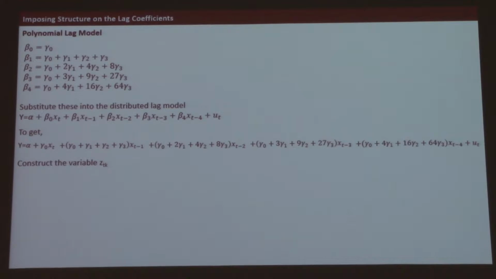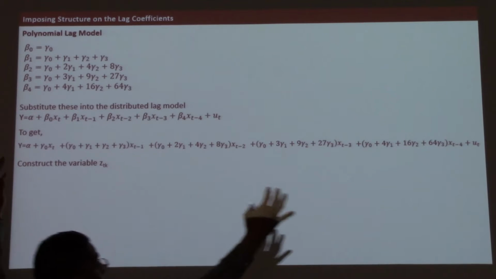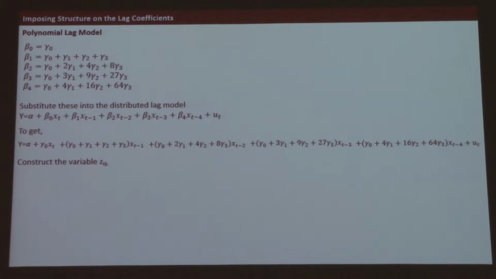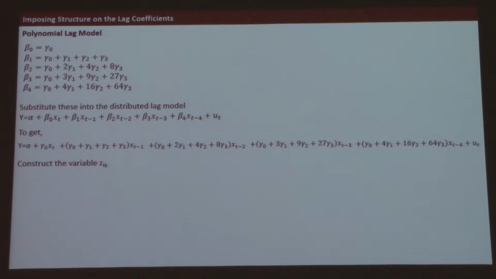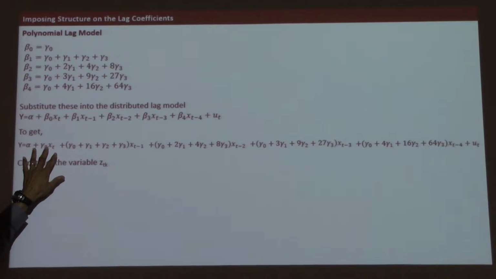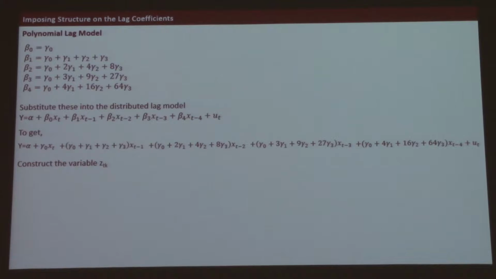That's a quadratic equation. The graph of this will look like that, or upside down. So obviously this gigantic equation looks nothing like that. So we need to make this thing look like that by constructing this new variable z.